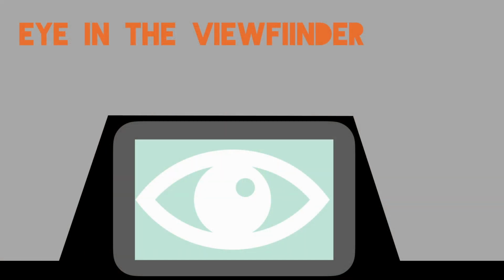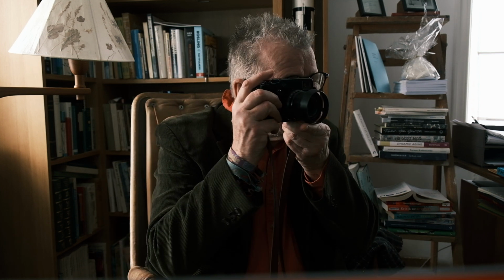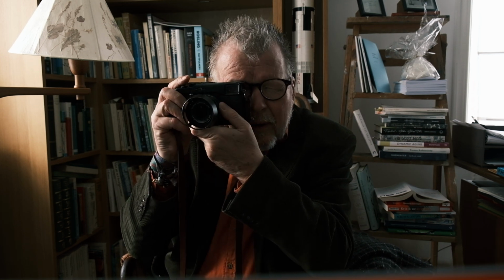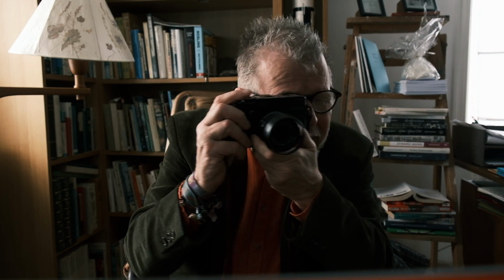Keep your eye in the viewfinder. The viewfinder is a little peeping hole in the back of most cameras. If you got one, use it. Like this. And you can flick the camera around a little bit or turn your head to put your subject where you want to have it in your picture.